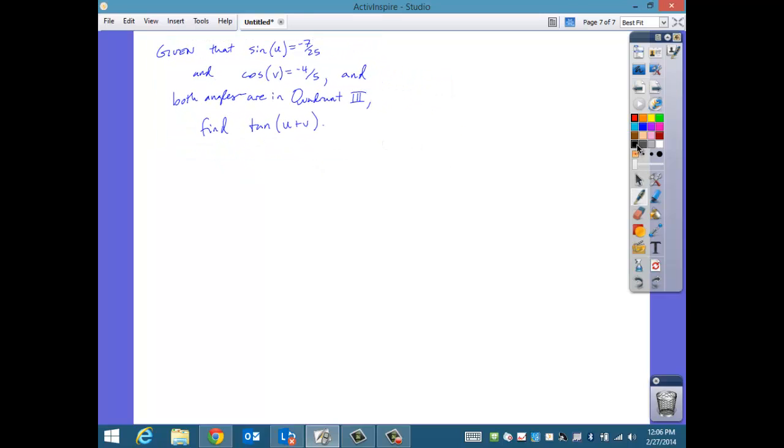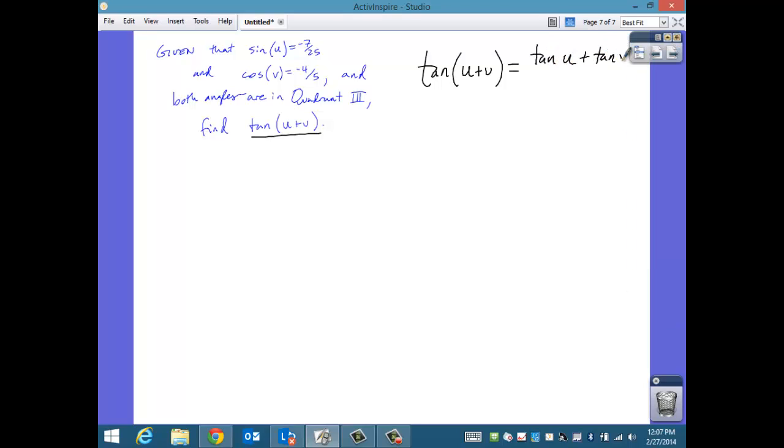Put it right there. Okay, now, in order to find this, first we should probably look on our identities page, that nice toolkit you guys have. And when you look there, you'll find that the tangent of the sum of two angles is equal to one tangent plus the other tangent, all divided by 1 minus the product of the tangents.